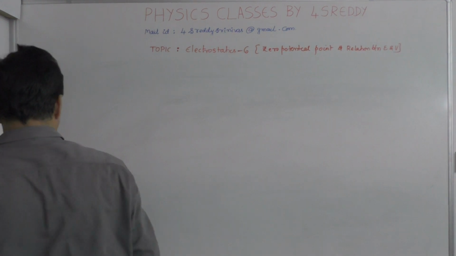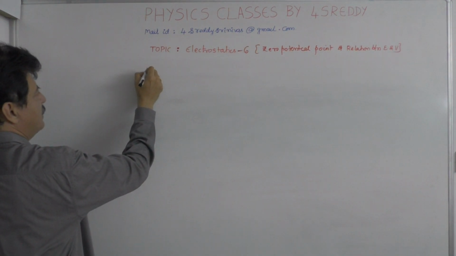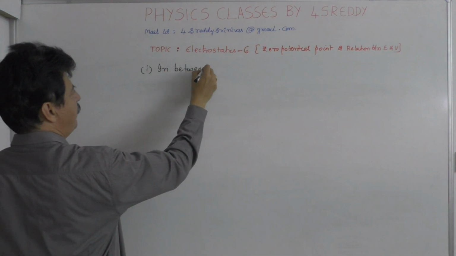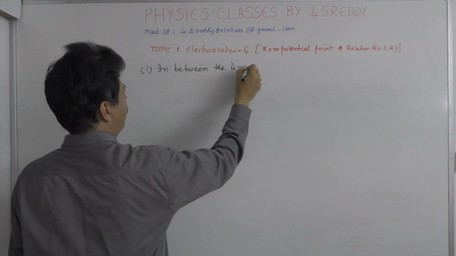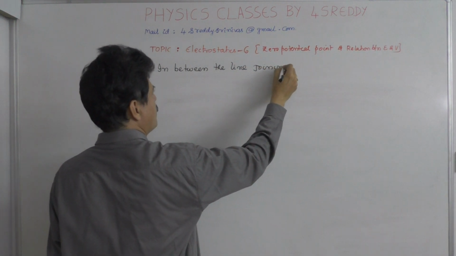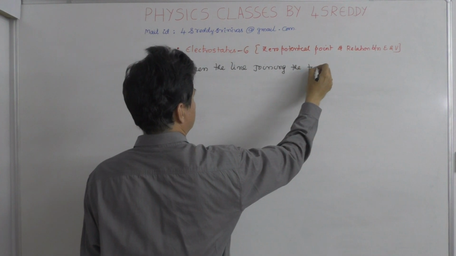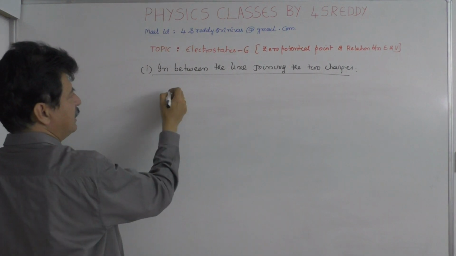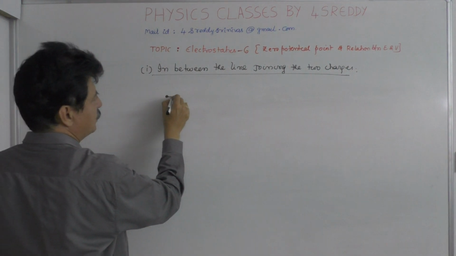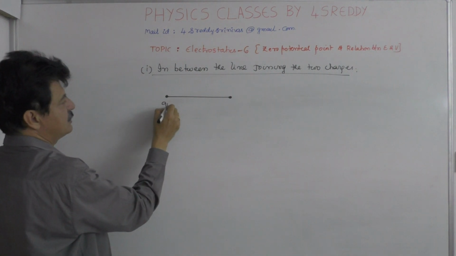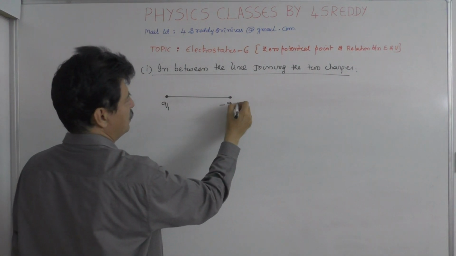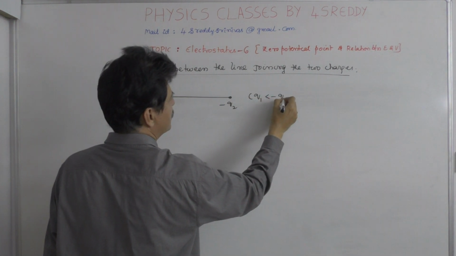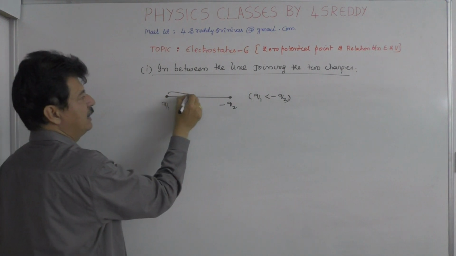In that, the first one is in between the line joining the two charges. For that, let us suppose two charges Q1 and Q2. Let us say this is plus Q1 and this is minus Q2, whereas Q1 is less than Q2 in magnitude, separated by a distance.